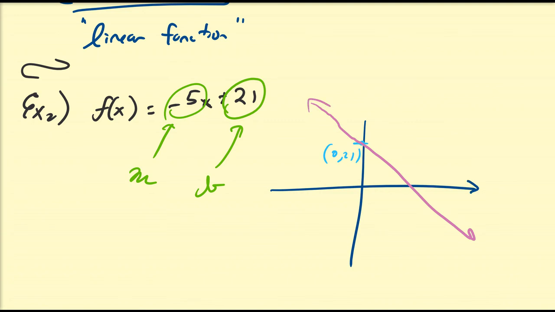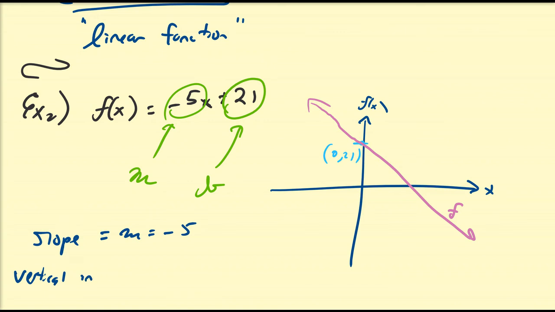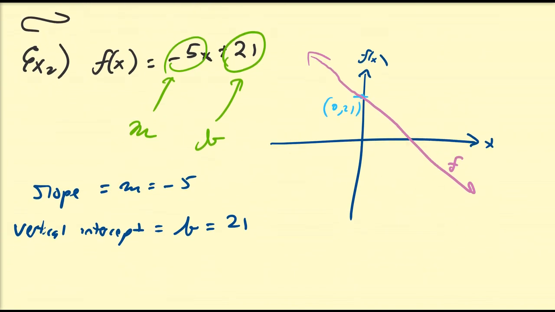In terms of labeling the axes, this is my x-axis, this is my f of x-axis, and this curve in magenta is f, where my slope is equal to m, which is negative 5, and my vertical intercept is b, which in this case is 21, or the point 0, 21.